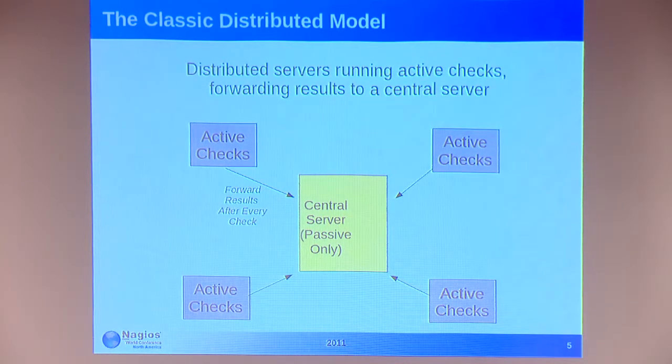The reason this has worked in the past is that this server isn't launching any new processes. All it does is process data as it comes in. The central server just acts as a central viewer primarily, whereas all of these servers are doing the actual checking. And like I said, with every single check that's run, as a result is received, the results are forwarded on to the central server.